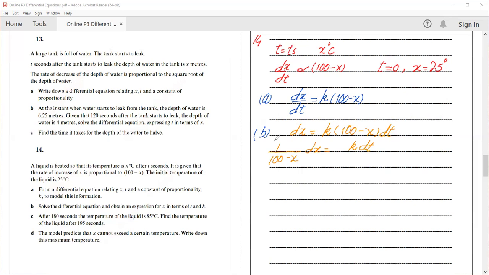So integrating the left hand side, integrating the right hand side. Now we have the denominator involving the terms of x. That's a rational function. What was the formula of the rational function? Very first formula.